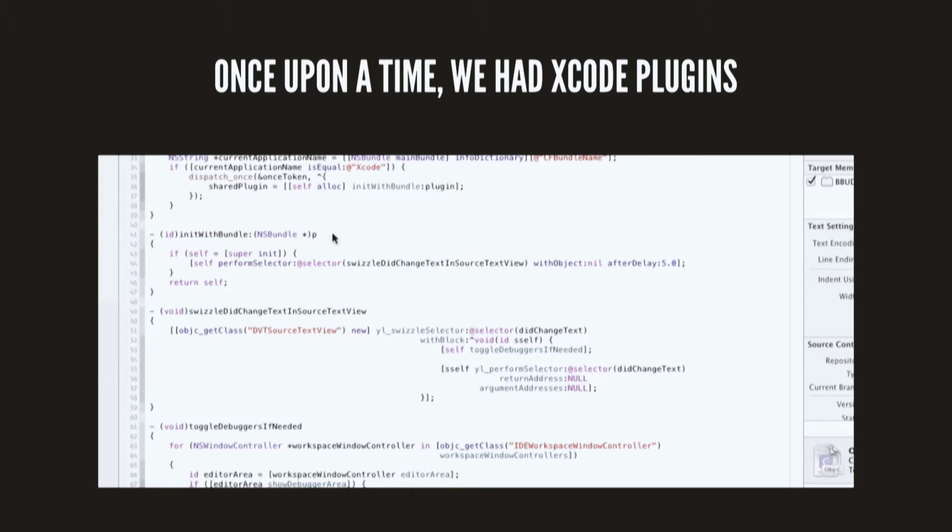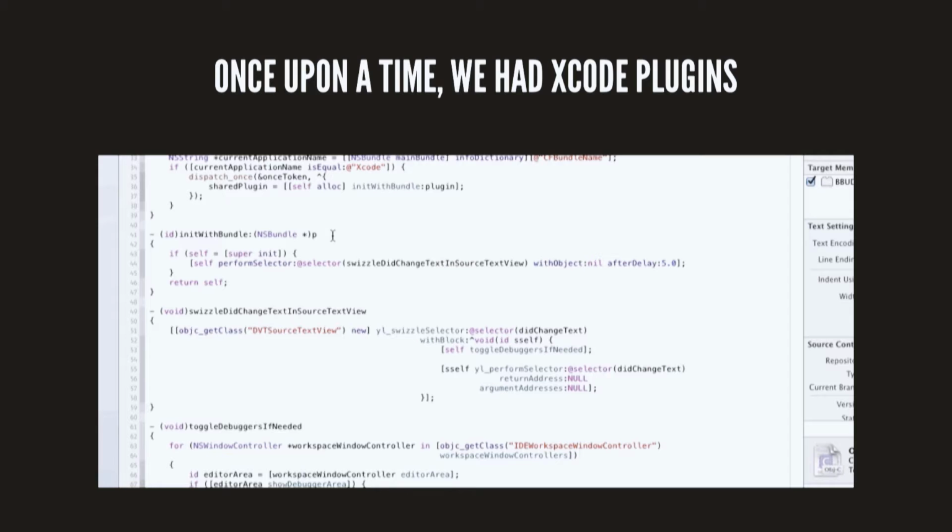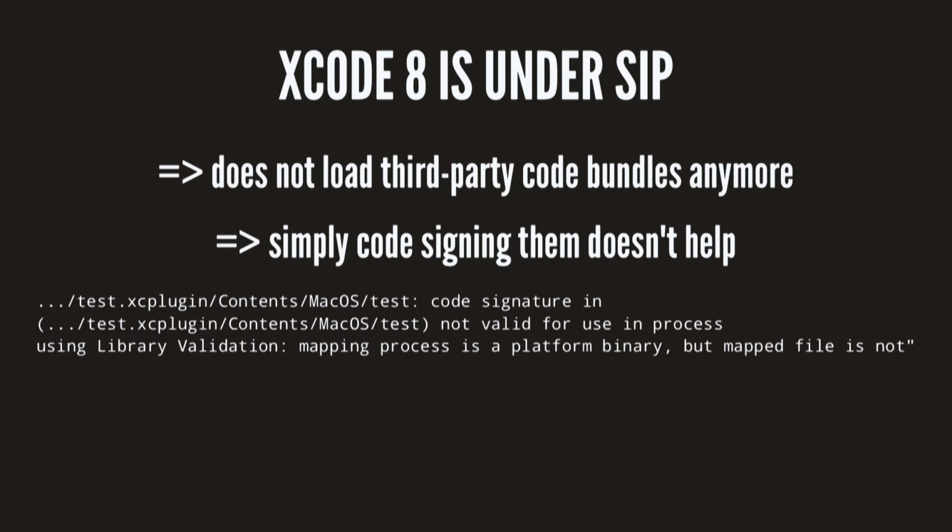All right. So once upon a time, like 1 month ago, we had Xcode plugins. And they, for example, looked like this. This was one I wrote, which could hide the debugger. Now, though, with Xcode 8, it is put under system integrity protection, which means it does not load any third-party code bundles anymore, which are unsigned.